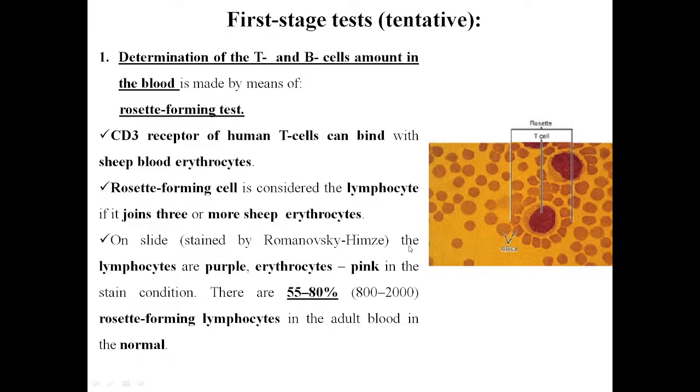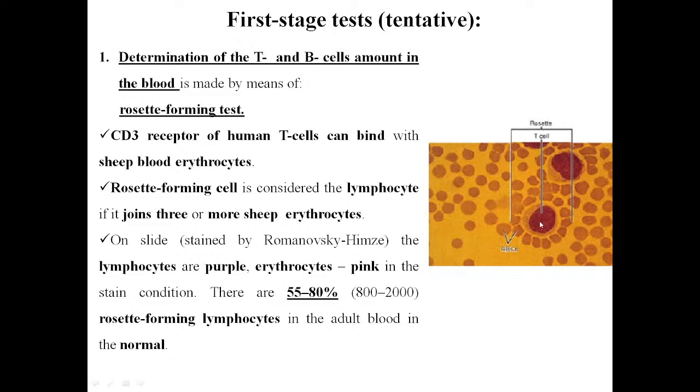And we can see that lymphocytes are purple and present in the center, and red blood cells are pink and present around the lymphocytes.